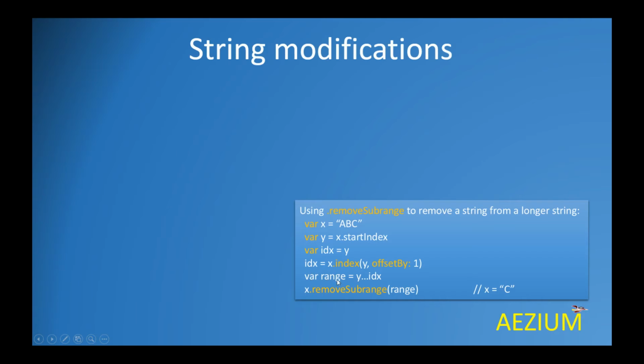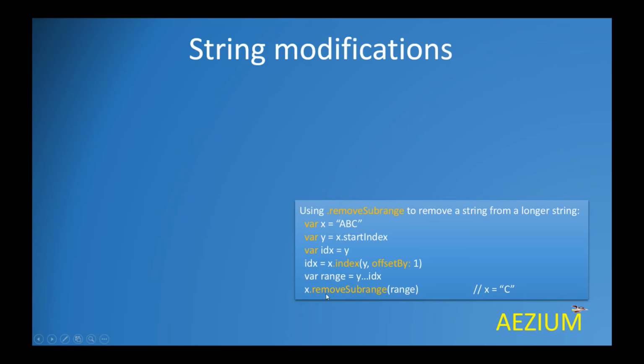Now we define a variable called range, which starts from y, which is the starting position, and then goes to idx, which is 1. So the value of range is 0 and 1. Then we use this x, the name of our original string variable, followed by dot remove subrange.